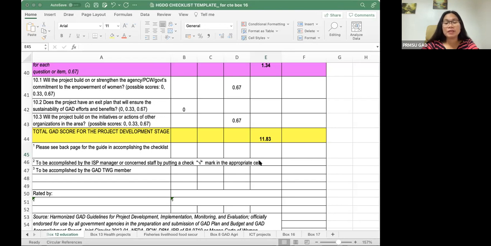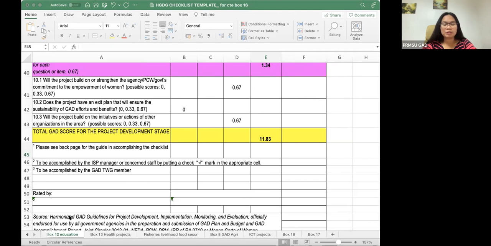That means 50% of the budget allocated for this project is considered as gender and development or gender-sensitive project. Okay, so we compute the 50% of the total extension budget which could be attributed to gender and development. Again, I emphasize that we will not get a budget from the GAD Plan and Budget 2022; we only attribute it or report that your extension program is 50% gender sensitive. Okay?